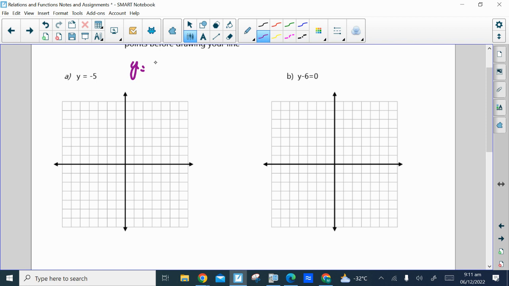We could say in this case that there are 0 x's. So we can write it like that: 0x take away 5. So now it's in slope-intercept form. The y-intercept is at -5. So that is the point 0, -5.